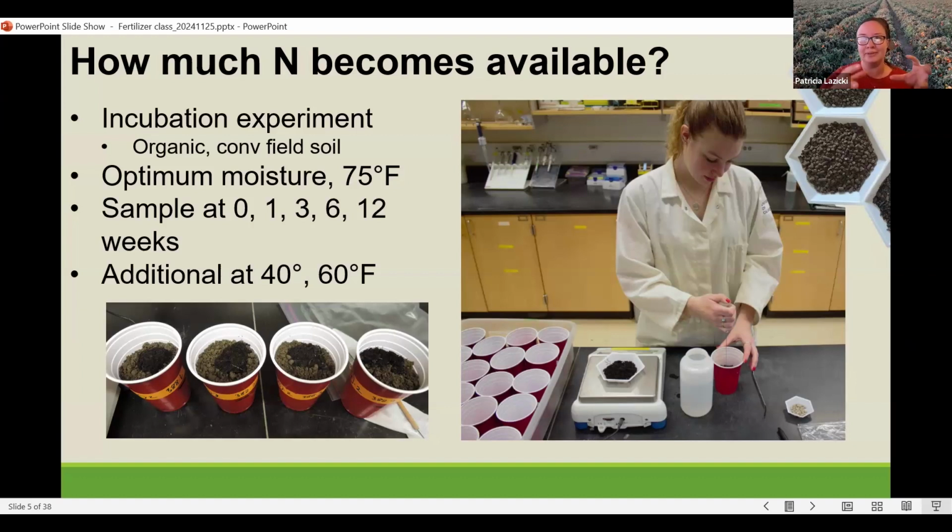So the data I'll be showing you is a combination or an average between those two soils, measured at moisture and temperature that approximates what you would see in an irrigated soil in summer. And then we took samples right away so we could see how much N was initially available, and then periodically over the next 12 weeks. And then we did a few at lower temperatures to look at the effect of temperature.